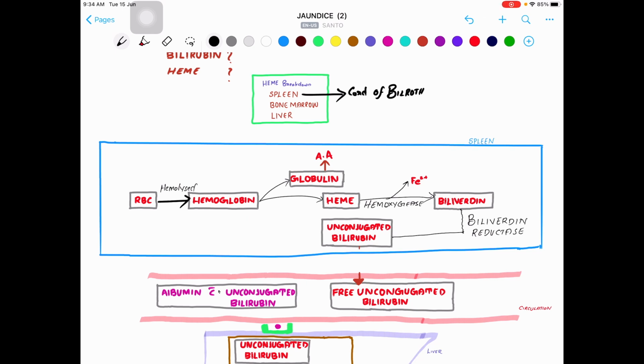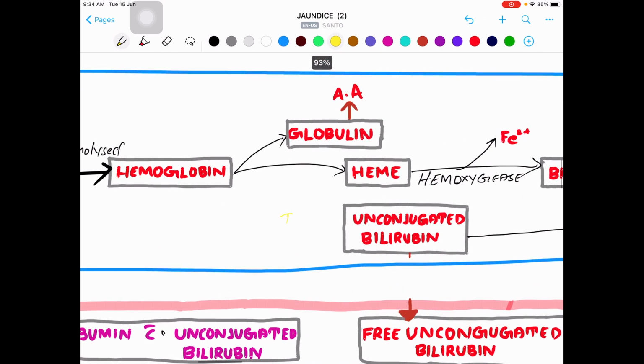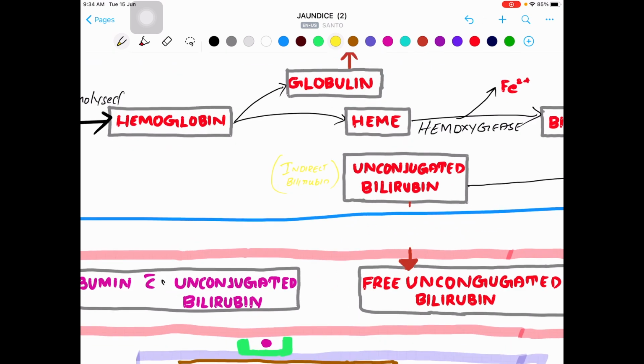This unconjugated bilirubin can also be called indirect bilirubin. Also remember that this unconjugated bilirubin is lipid soluble.